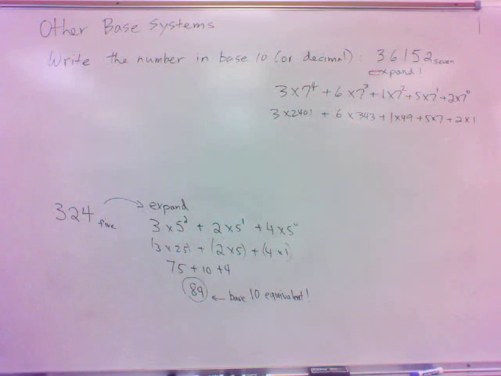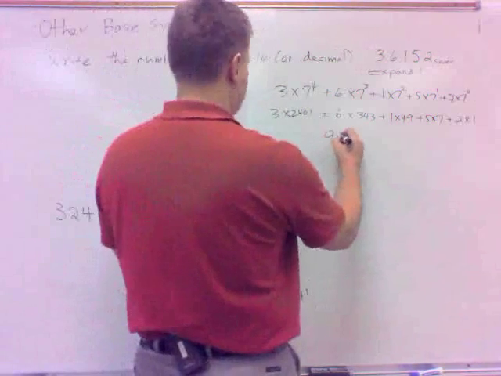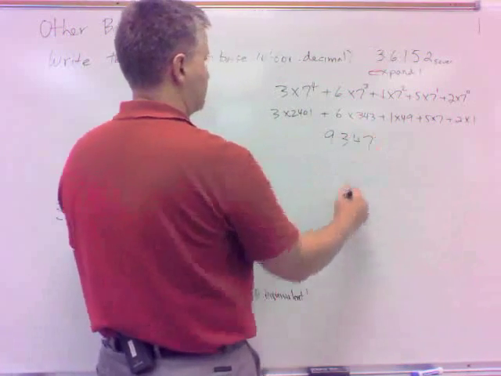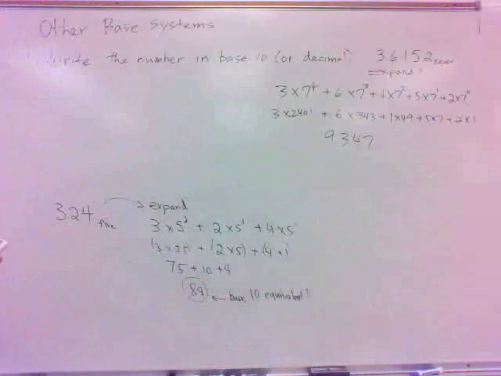I'll do it all at once here. 6 plus 49, that'd be 35, and 2. I get 9,347. I get 9,359. Oh, but it's because the last one I took 2 times 7, which was 14. Okay, there you go. 9,347, I do believe.